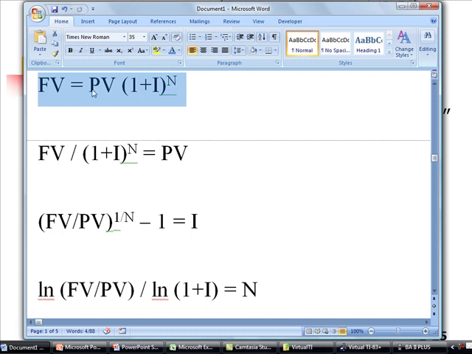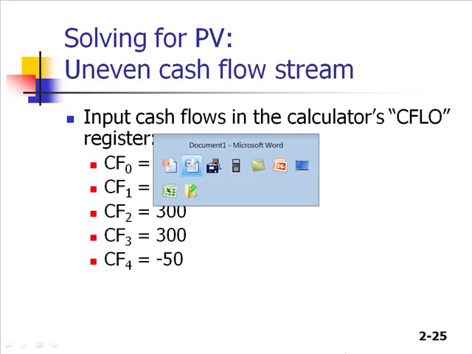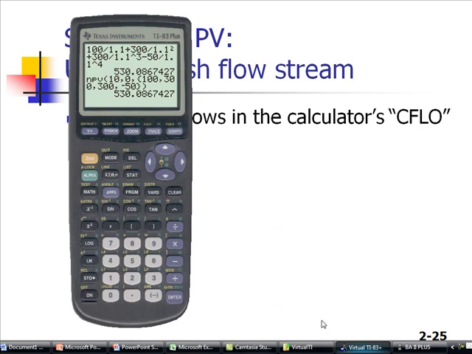So you've got the present value of the cash flow stream. You can just multiply it by 1 plus I to the n. That certainly is a valid way to do it. So in this case, I could take that value times 1.1 to the power of 4 and get $776.10 for my future value.